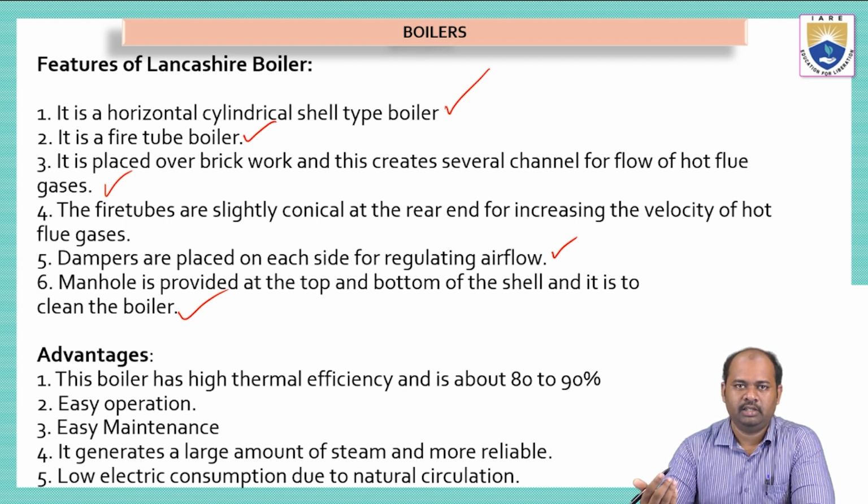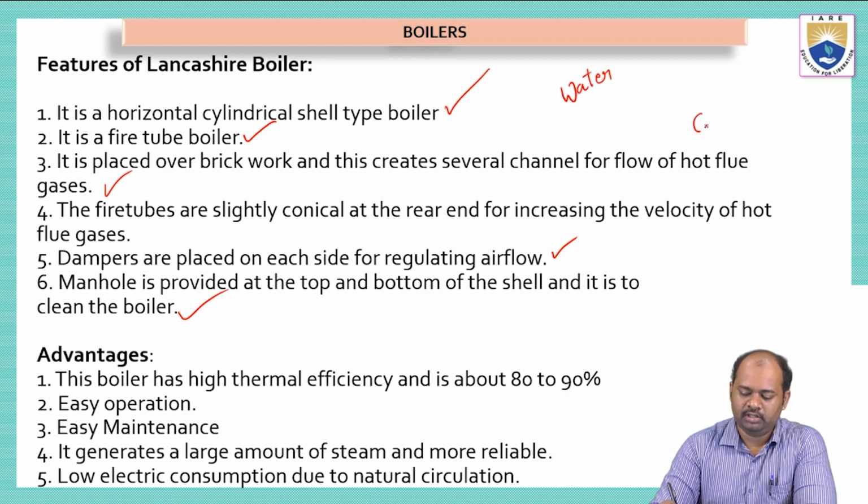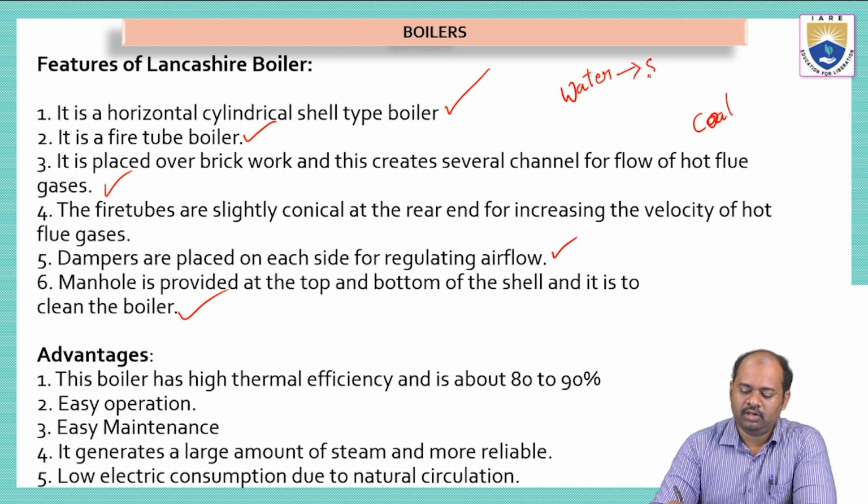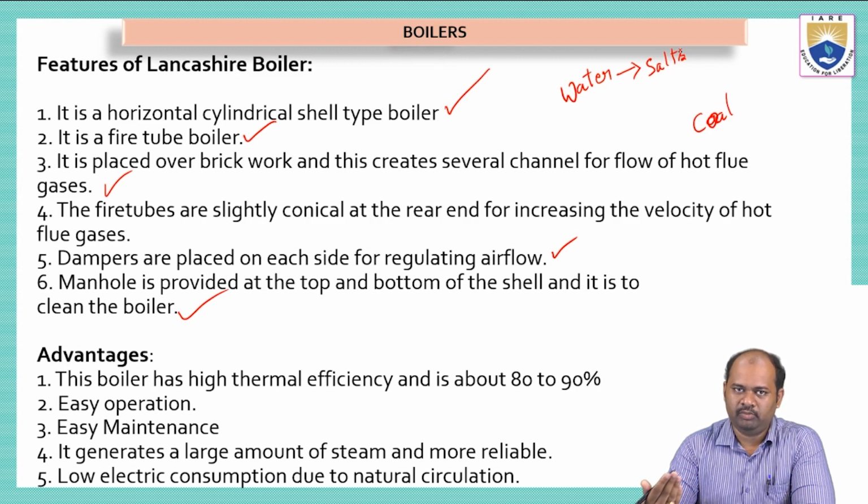Why does it need cleaning? Here there are two things which we are using. One is water, another one is coal. Water has many types of carbonates, such as sodium carbonates, etc. These are commonly called salts present in the water. Because of these salts, the hardness will be more.